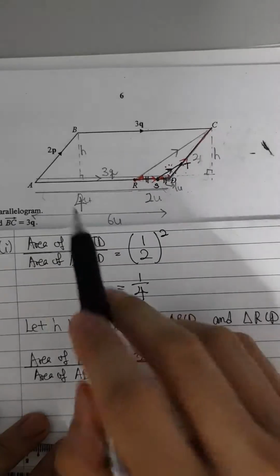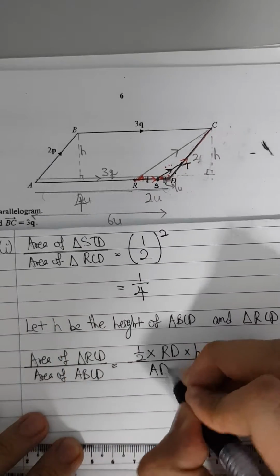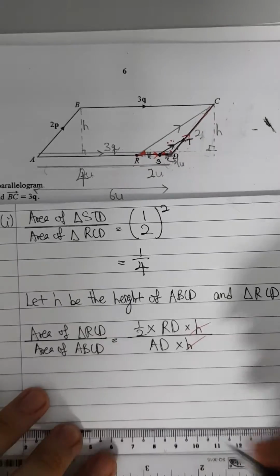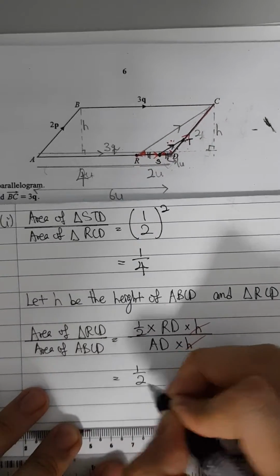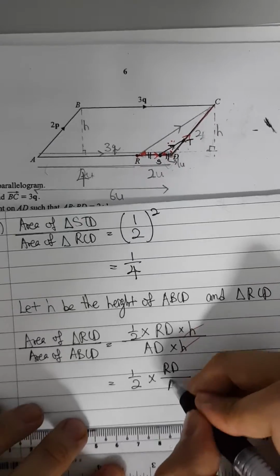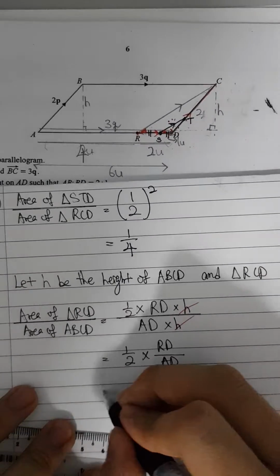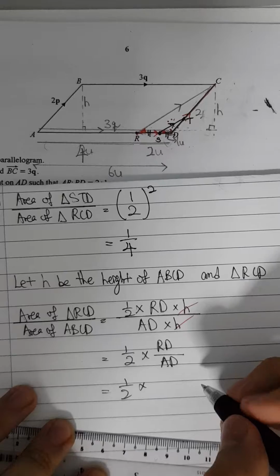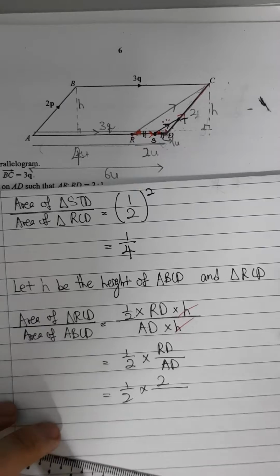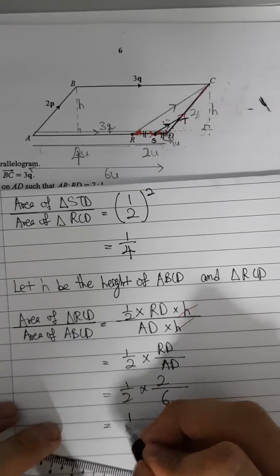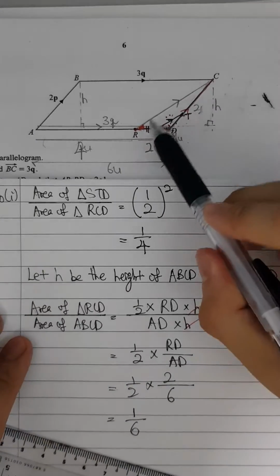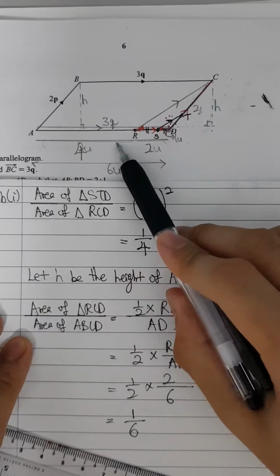The parallelogram is just the base AD times the height H. H and H cancel out, and I'm left with half multiplied by RD over AD, which is half multiplied by RD, which is 2 units, over AD, which is 6 units. So this gives me 1 out of 6, the relationship between the area of triangle RCD and the entire parallelogram.